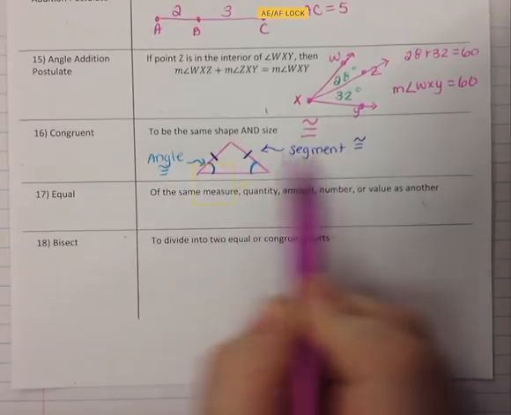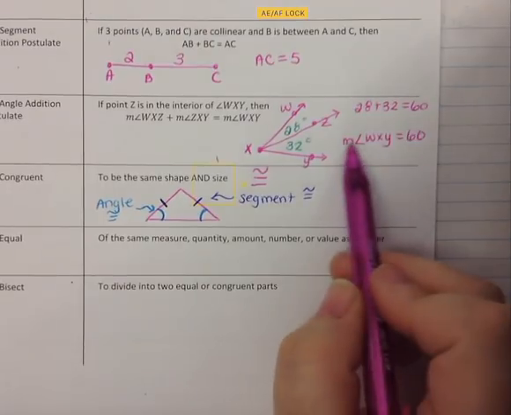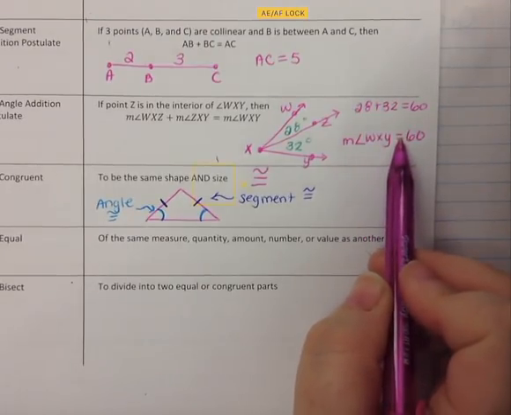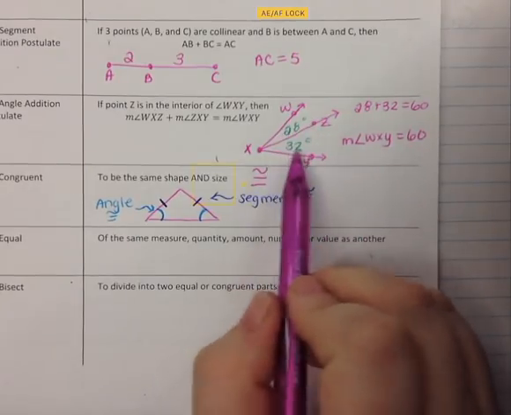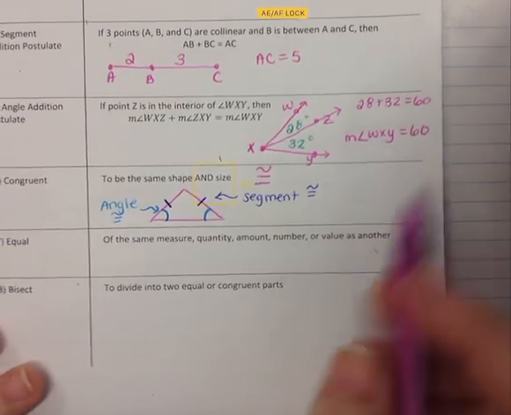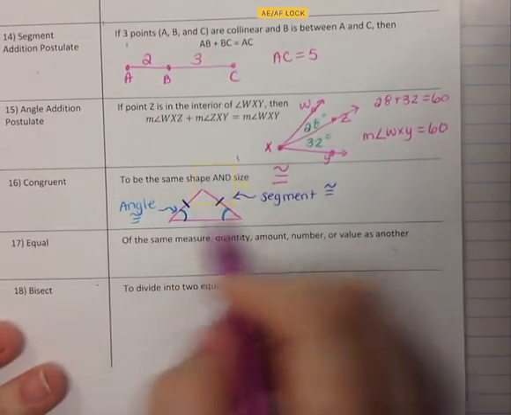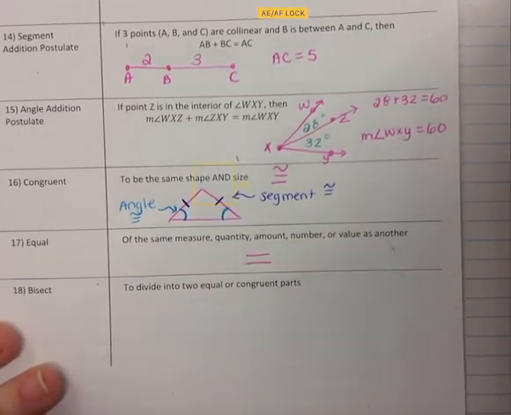That's why these are congruent. But numbers, distances, the measures, these are equal. I do not say that angle WXY is congruent to 60 degrees, because that's a number. We say that things are congruent, but numbers are equal. We use the equal symbol.